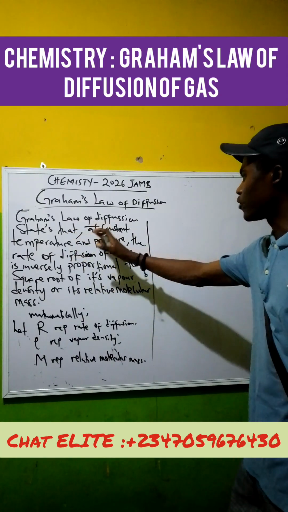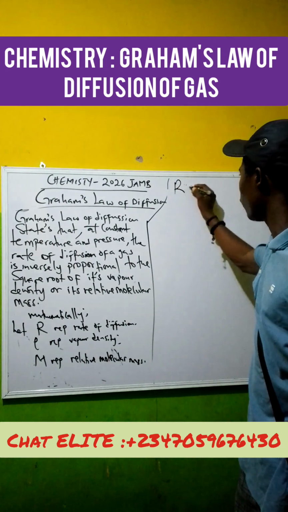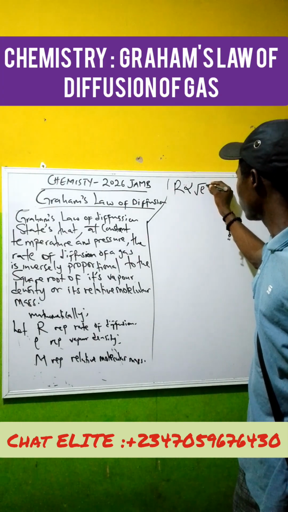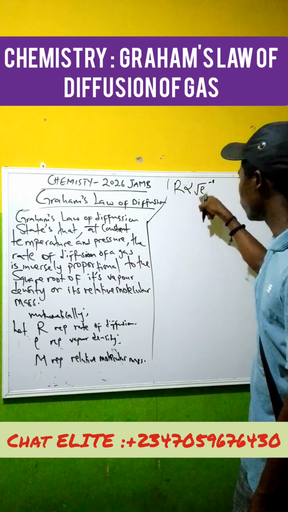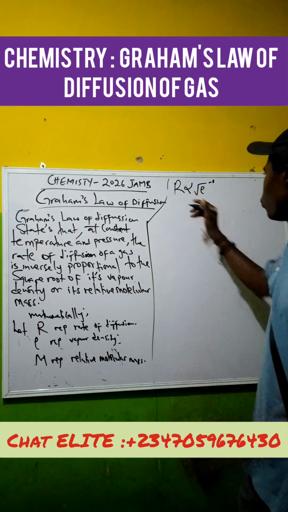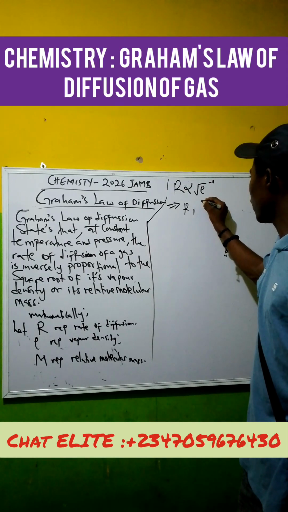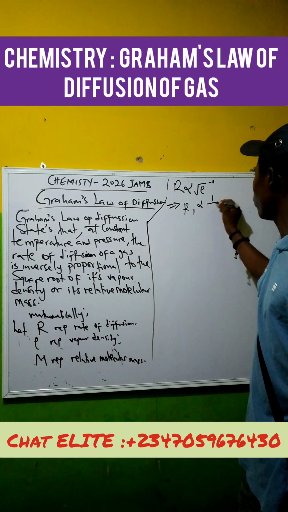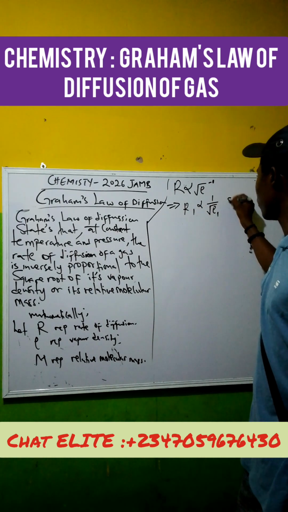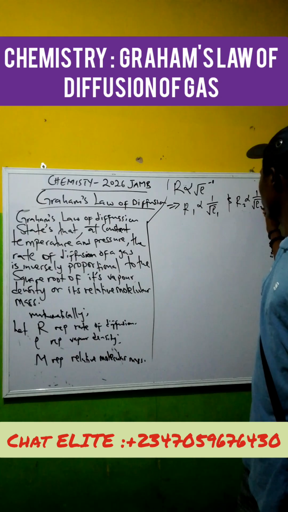Now let us start again. At constant temperature and pressure, the rate of diffusion of gas is inversely proportional to the square root of the vapor density. Which implies that R1 is inversely proportional to 1 over the square root of density 1, and R2 is inversely proportional to 1 over the square root of density 2.